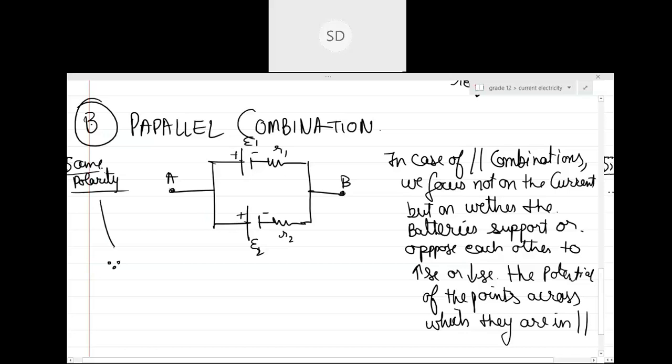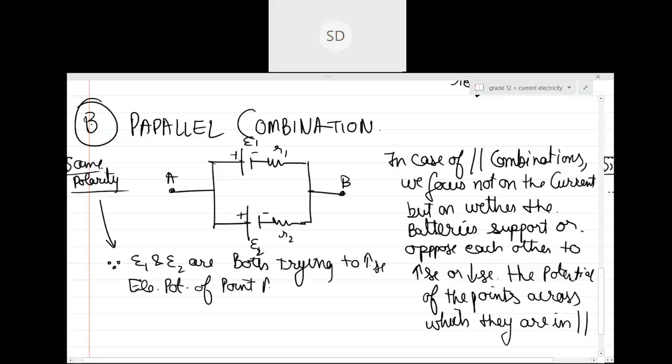So this is the same polarity, since E1 and E2 are both trying to increase the electric potential of point A as their positive terminals are connected to it.